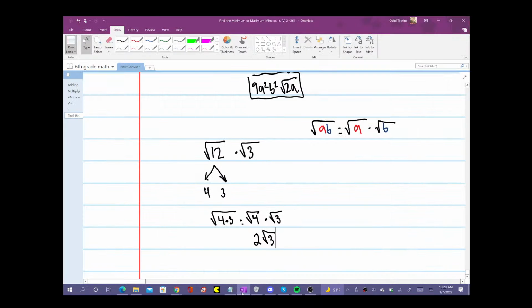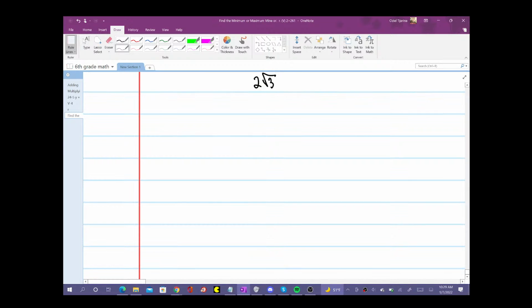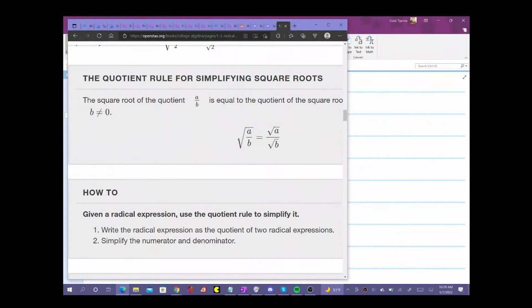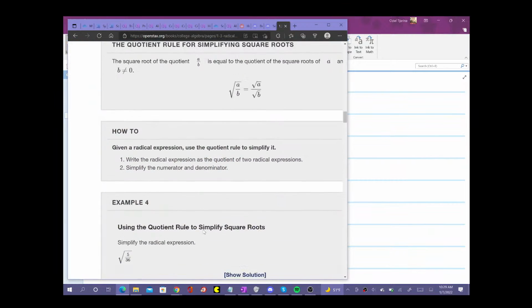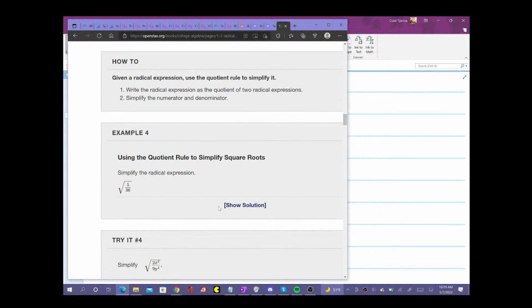The square root of a over b equals the square root of a over the square root of b. Okay, that's another thing that we must remember in algebra. It's a very common rule. So this is the quotient rule for square roots.